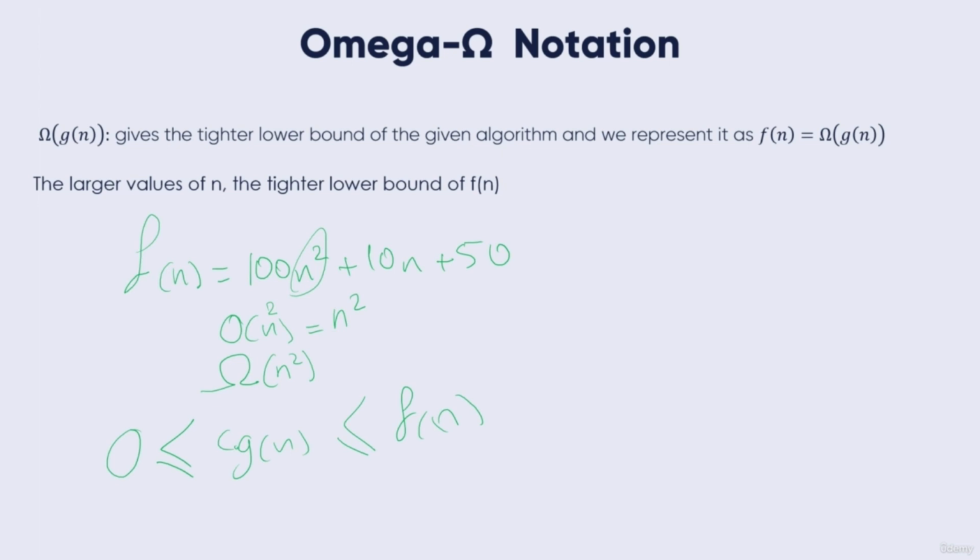Okay? Our objective is to give the largest rate of growth of g of n which is less than or equal to the given algorithm's rate of growth.